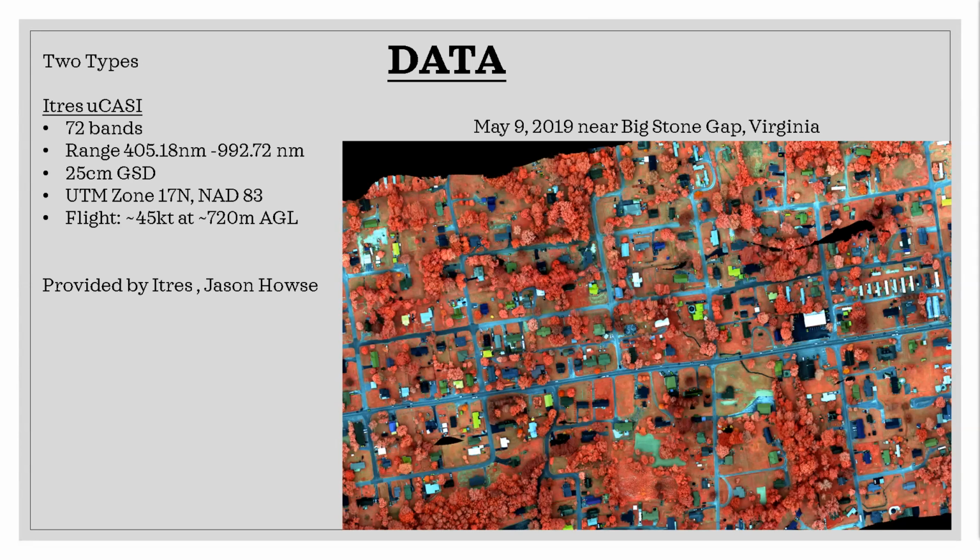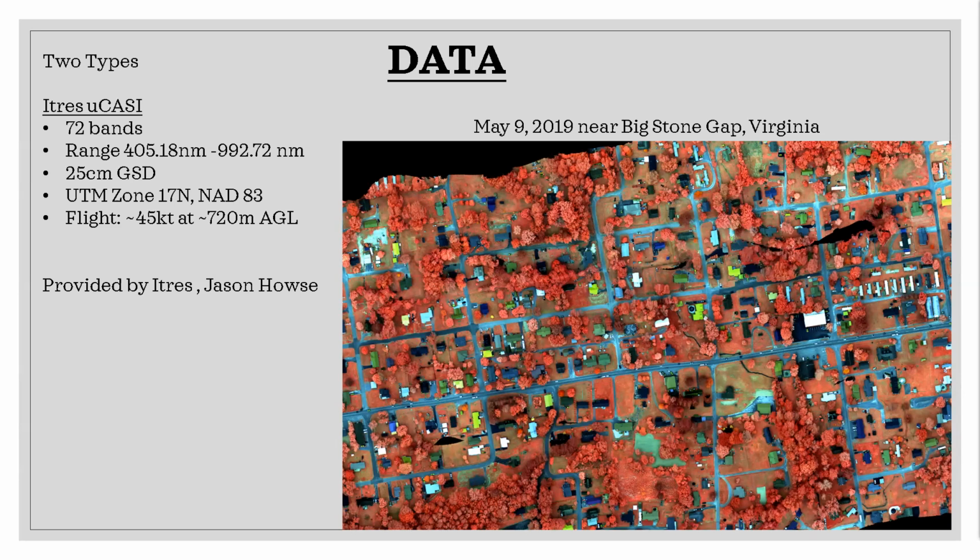It has a 25 centimeter ground sample distance, and it was taken by a helicopter at 720 meters above ground level, roughly flying at 45 knots. The scene is a suburban area near Big Stone Gap, Virginia, and it was taken about 2 years ago.